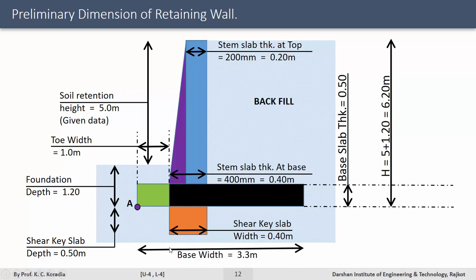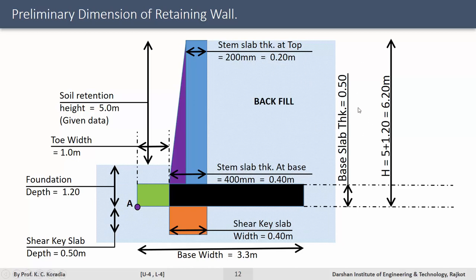We have derived the base width as 3.2 meter, base slab thickness as 0.5 meter, and stem thickness at base as 0.4 meter and at top as 0.2 meter.